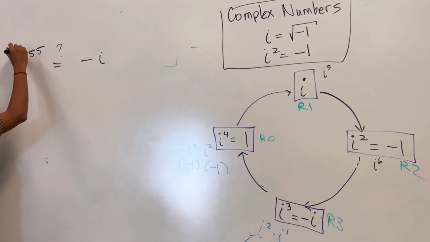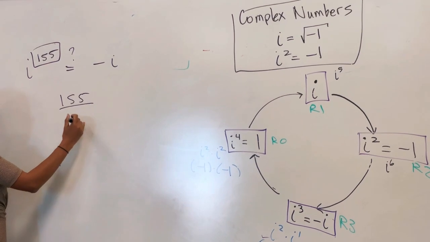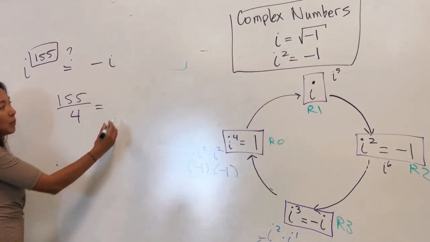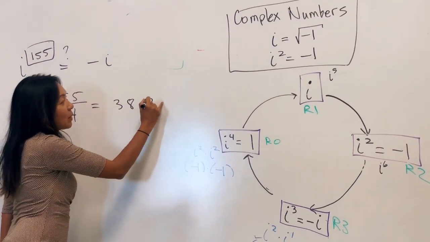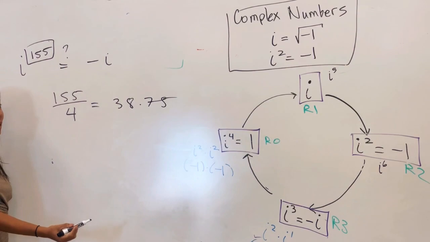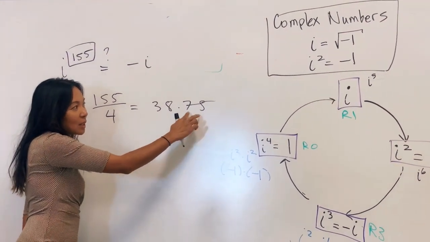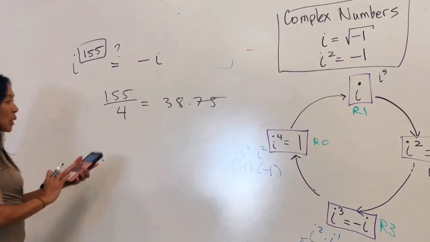We take 155 and divide it by 4. What do you get when you plug that into your calculator? 38.75. It's remainder 3. You can think of 0.75 as 3/4, which is remainder 3. However way you want to think of it.